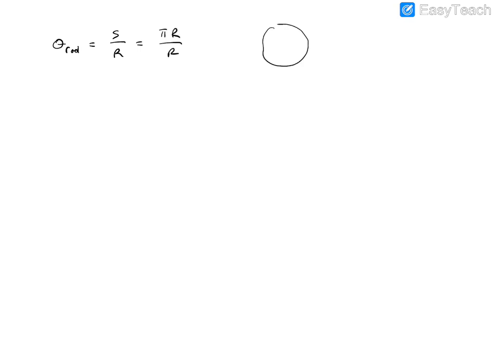Why? Because it is the half of them. So half of this circumference is pi r, because the circumference is 2 pi r. That means this is pi. So 180 degrees equals pi radians. We obtain this result from there.